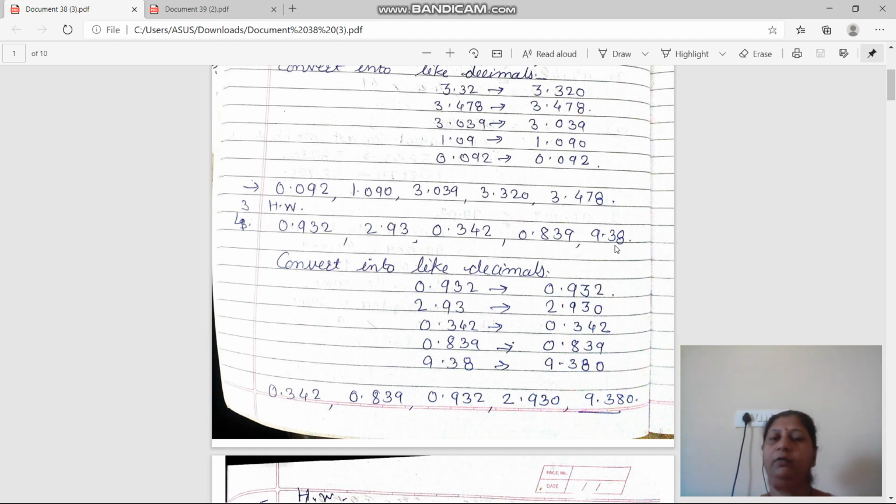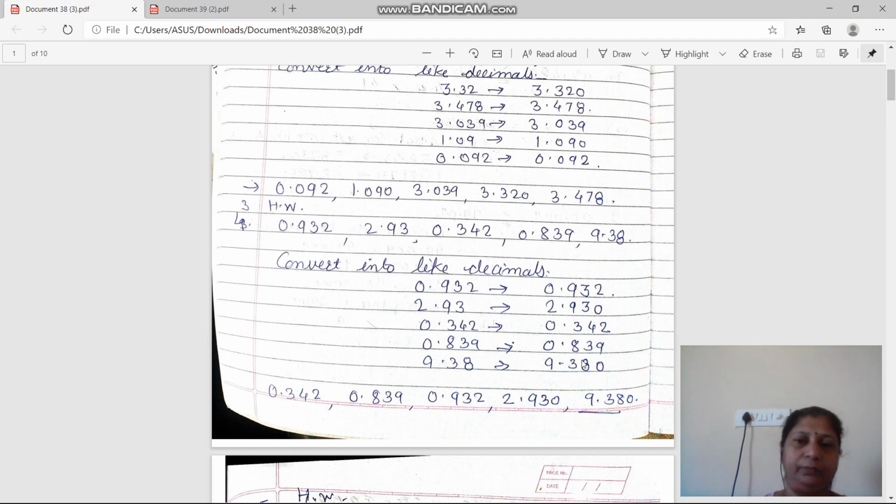Now, first of all, we have to convert into like decimals. So 0.932, 2.930, 0.342, 0.839, 9.380. Okay, we have converted, and how to convert I think everyone knows now.